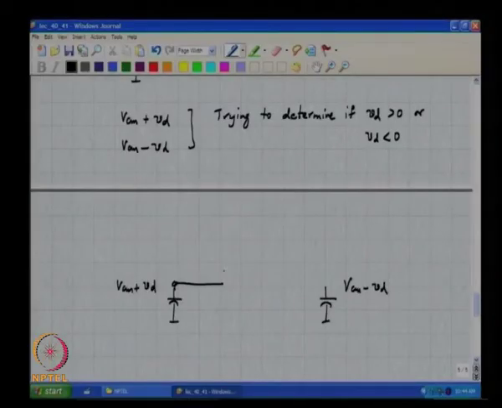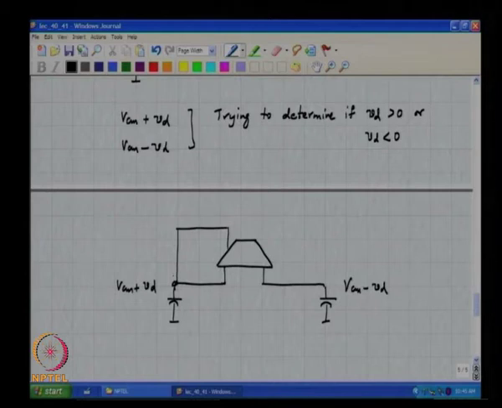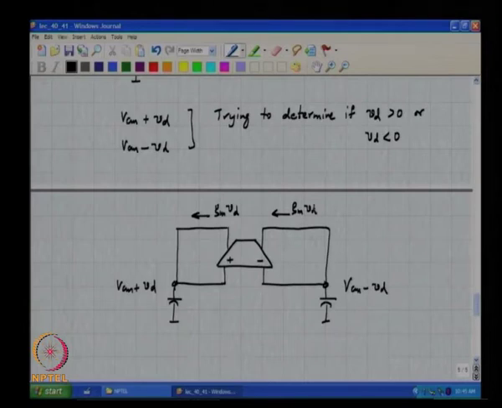We look at the difference between these two nodes, correct, and then pump currents such that if VD is positive, let us say, this must be GM times VD, and similarly on the other side you must pull current out of the other node.